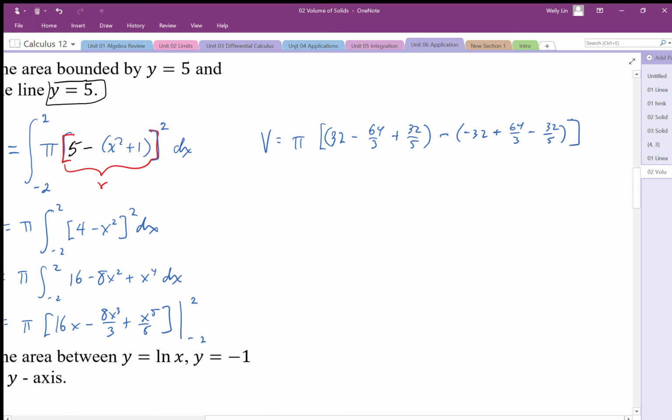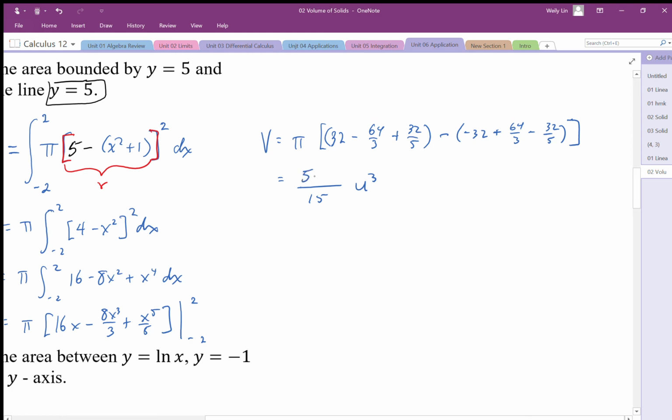So basically it's going to be double that value. If I just plug that into my calculator, it's 32 minus 64 over 3 plus 32 over 5. It looks like it's 512 over 15. So it's going to be 512 pi over 15 units cubed.